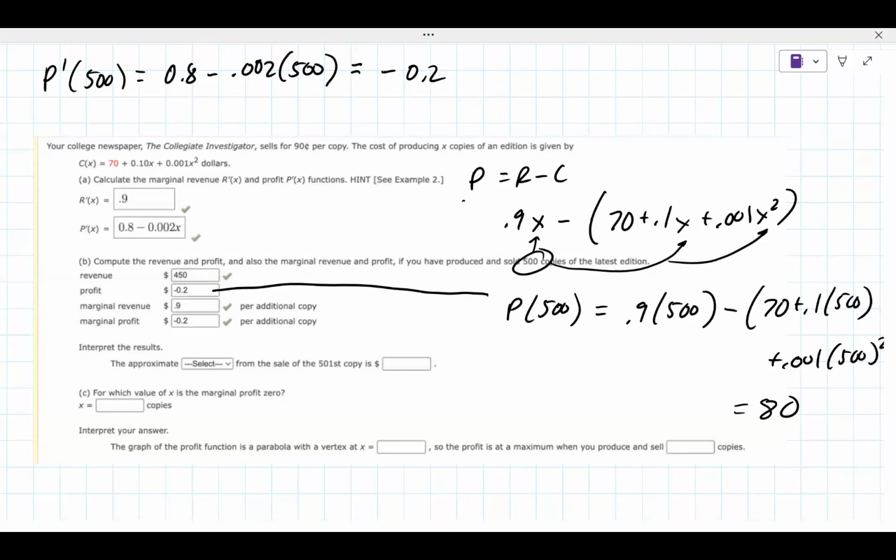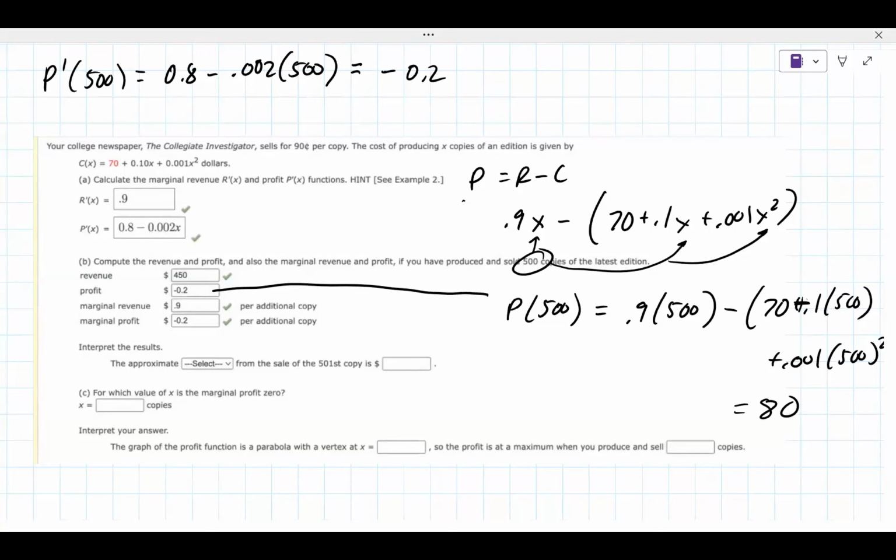That's a 70t, right, in the equation? It's 70 plus. So it's 70 plus the 0.1 times 500. Yes. Okay.